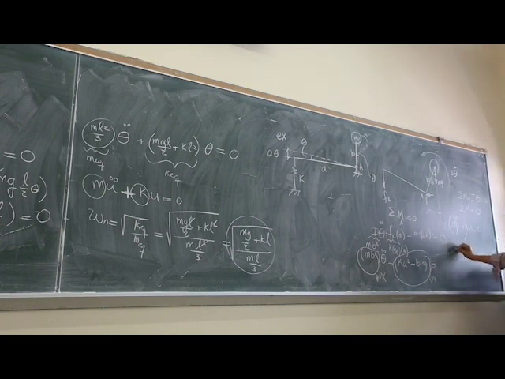So the natural frequency, which is k over m, becomes k a squared minus b m g divided by m b squared in this case. Okay, any other questions?